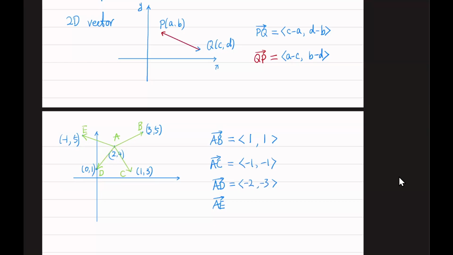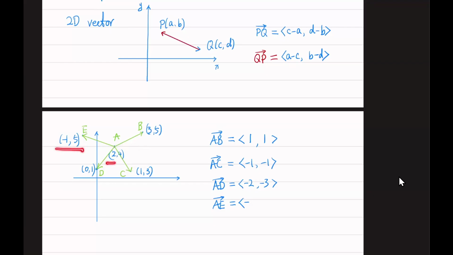Okay, Kira, last one, AE. Wait, how do you get the 1?